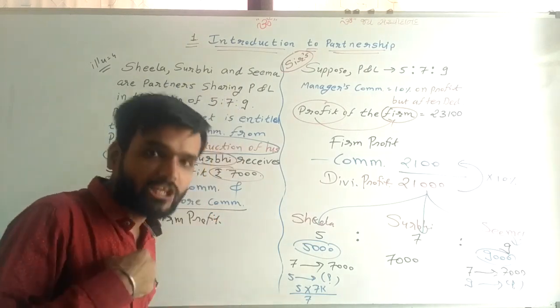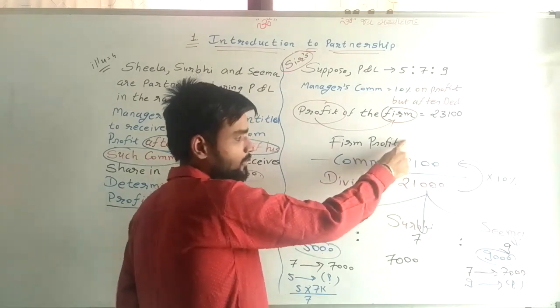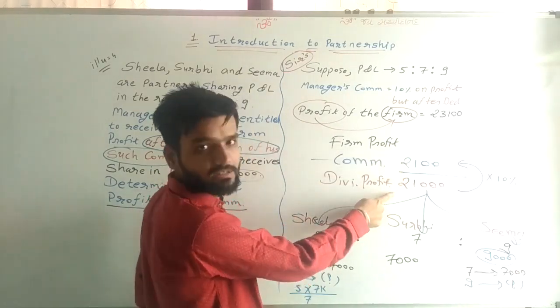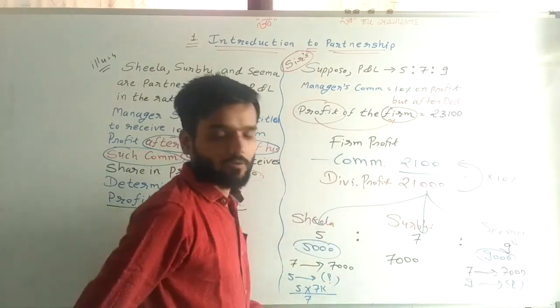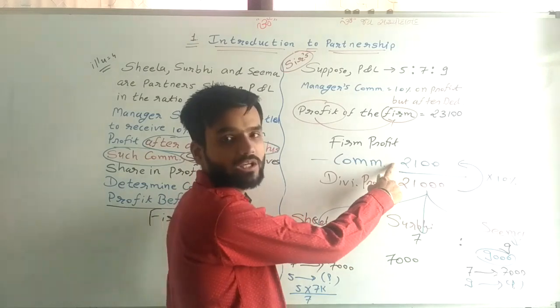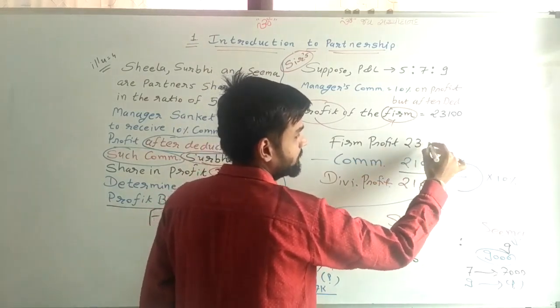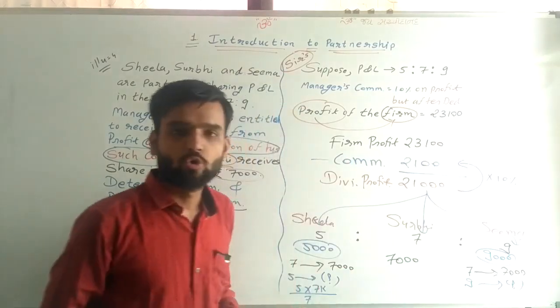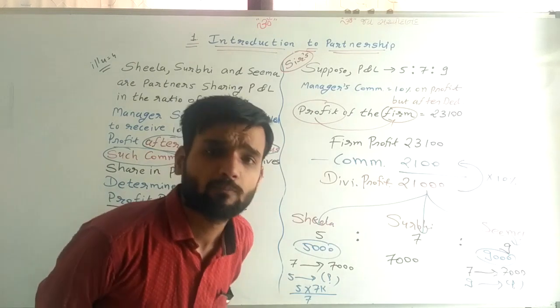And if we need to find firm's profit, then we take the total of these two, because from firm profit we deduct commission and get divisible profit. If we make the total of these two, we get firm's profit. So make the total 21,000 plus 2,100. The answer is 23,100 rupees. That is my firm's profit.